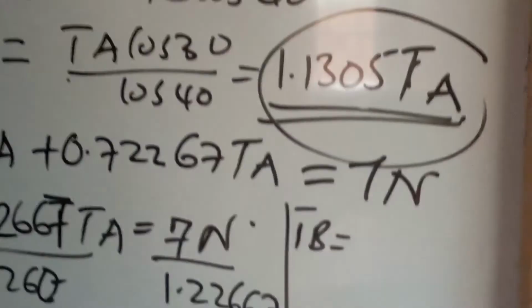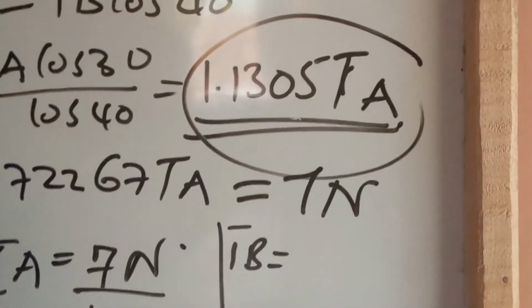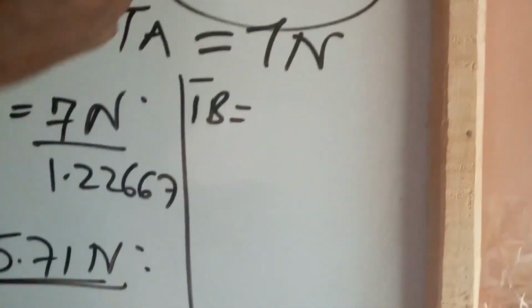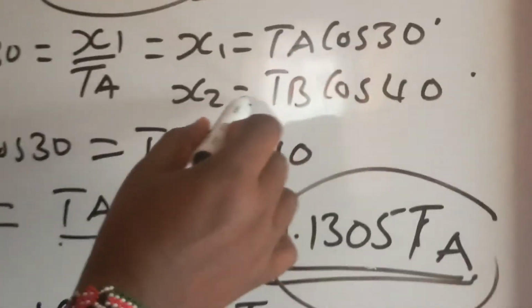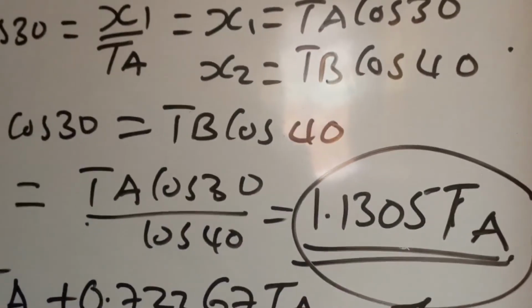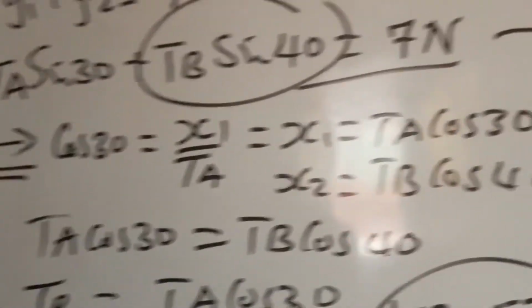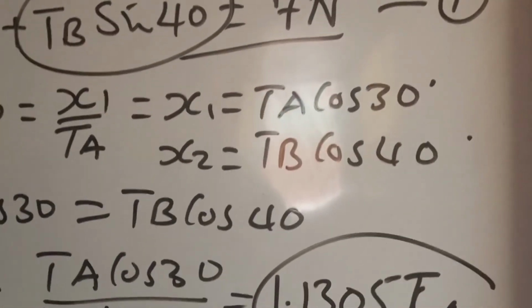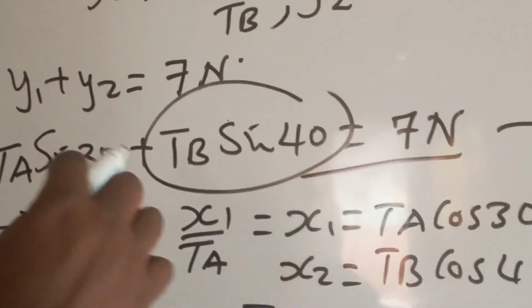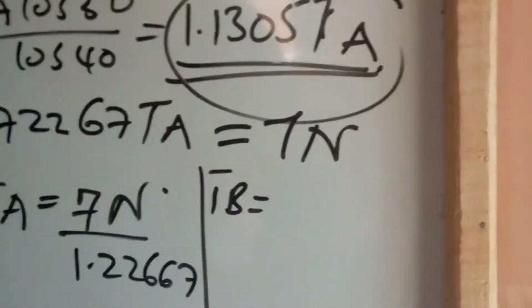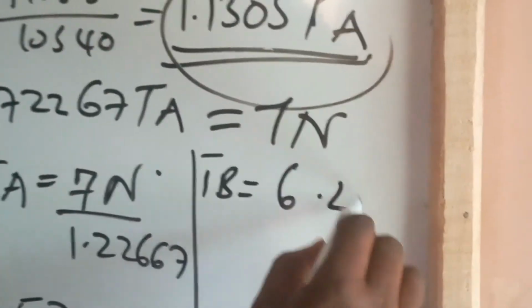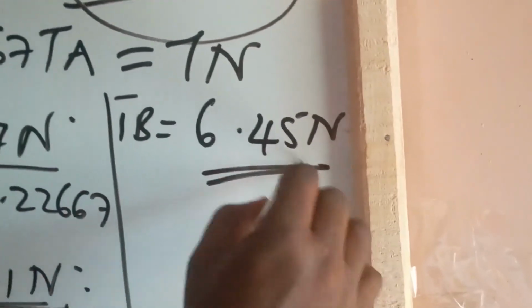What about TB? There is somewhere we expressed TB in terms of TA. After you compare the two, you will find that TB is 6.45 newtons.